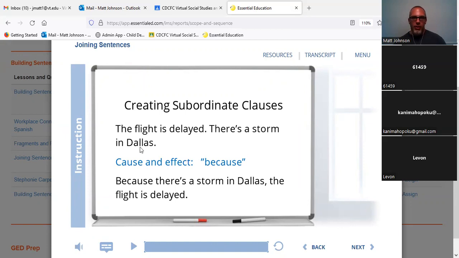There's a storm in Dallas. That relationship is telling me that cause and effect: because there's a storm in Dallas, the flight is delayed. So we could say the flight is delayed because there's a storm in Dallas, or because there's a storm in Dallas, comma, the flight is delayed.